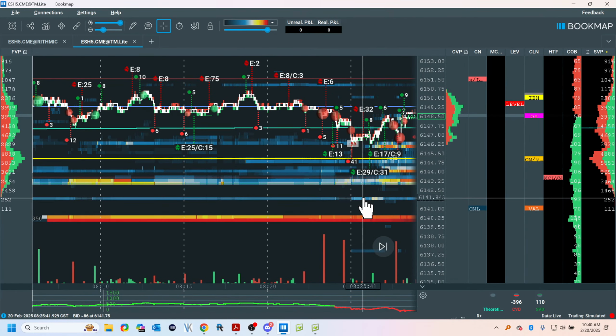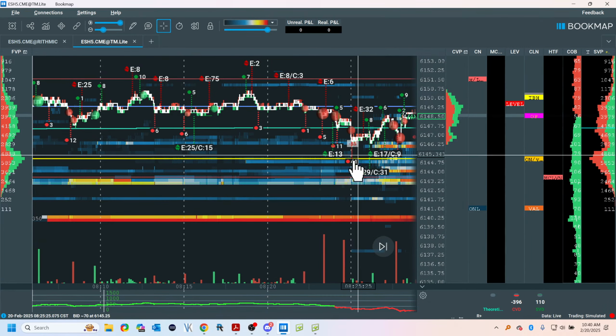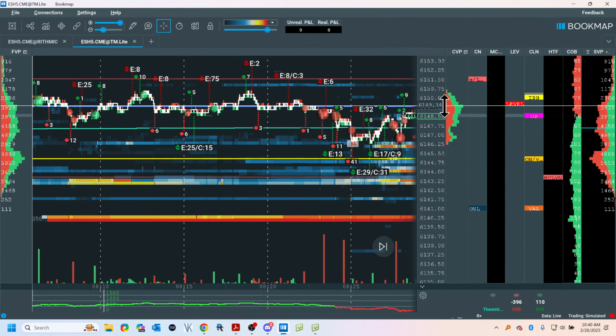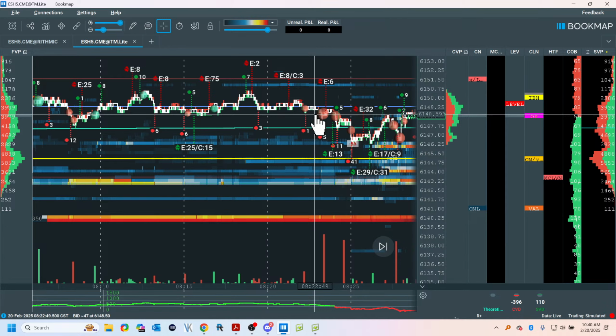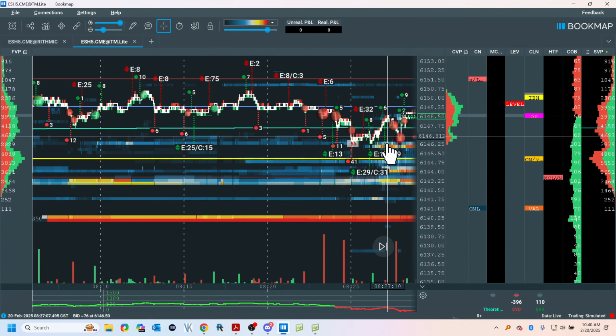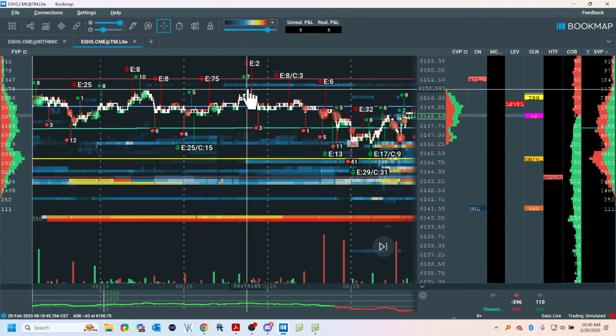If the market is selling off and I see in the last auction that this is too high, and there's a level, I'm going to be looking for what's called mean reversion. Mean reversion is a context. So let's look at it. Let's define this together. Let's say maybe now the trend has changed.